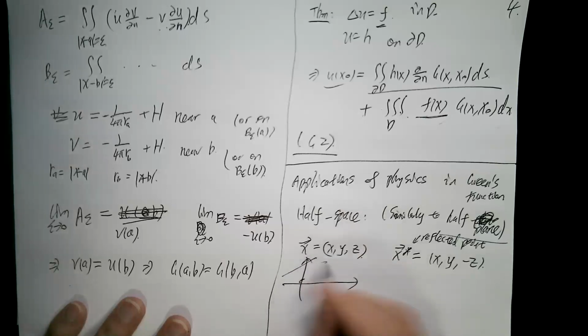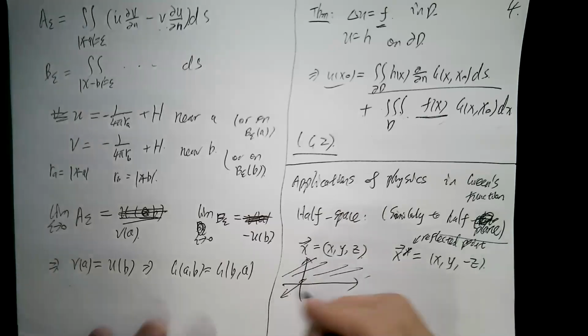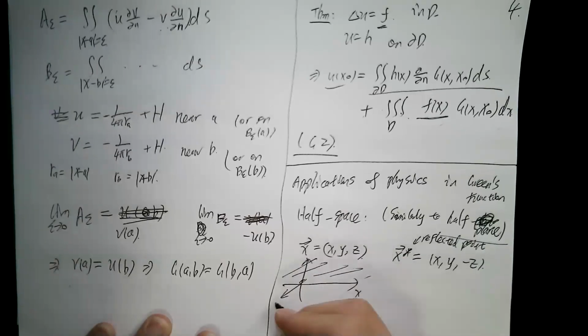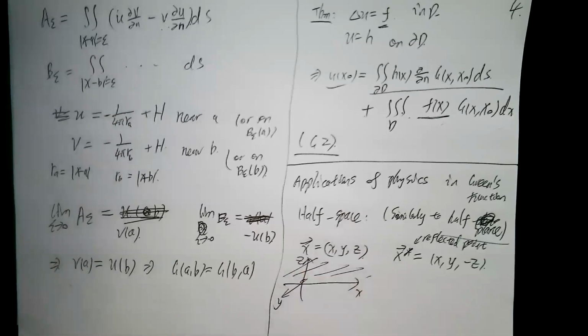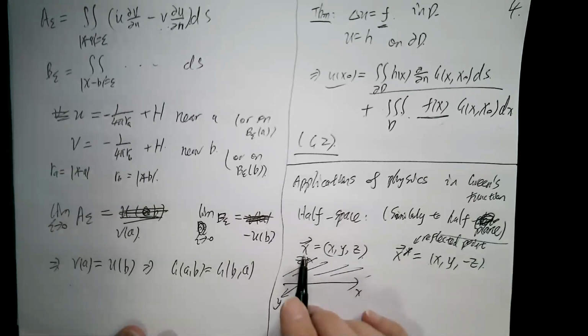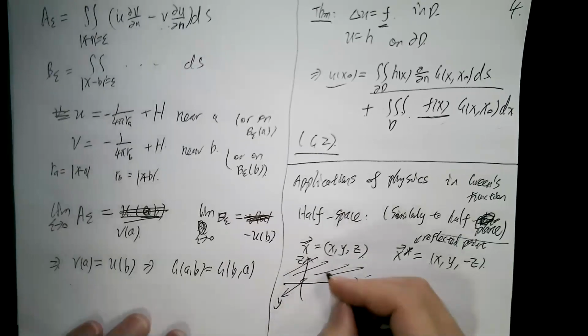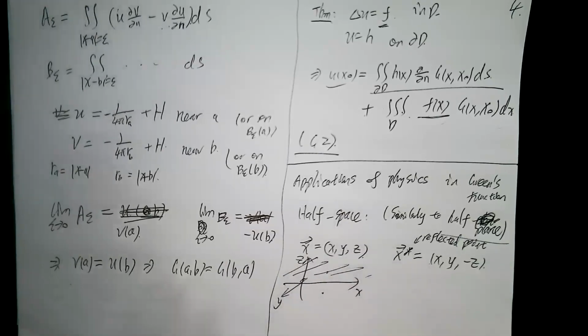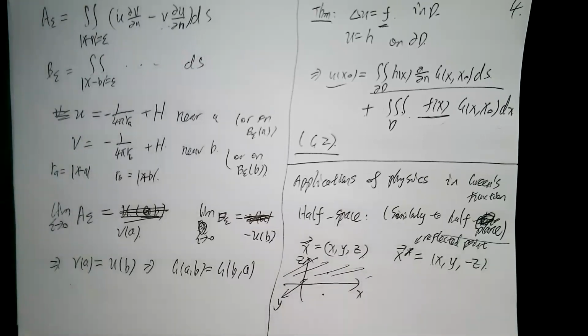If we are interested in the upper half space, which is z greater than 0, then the reflected point of a point in this space is the symmetric point about the xy plane.